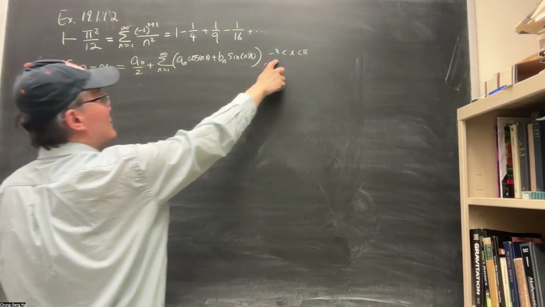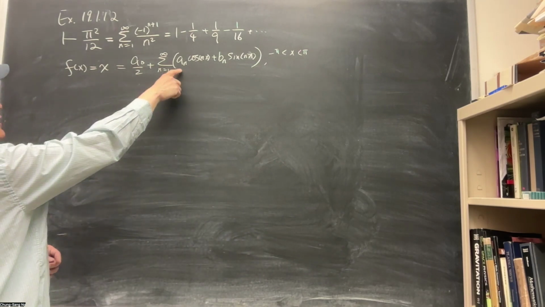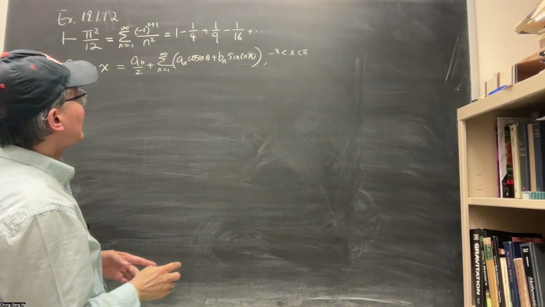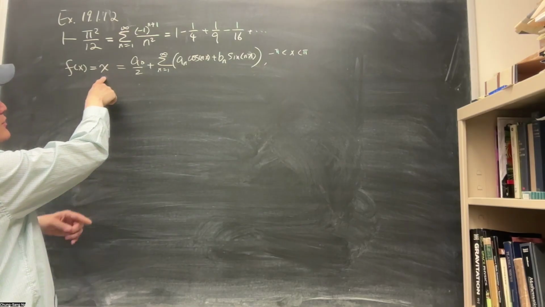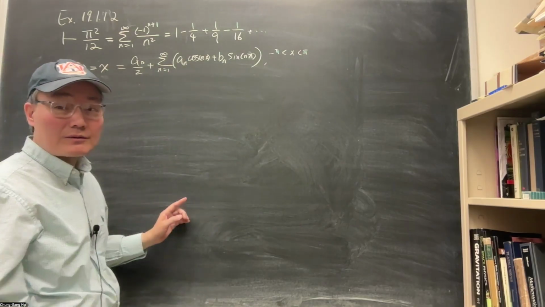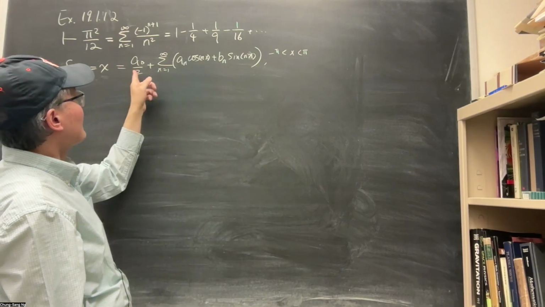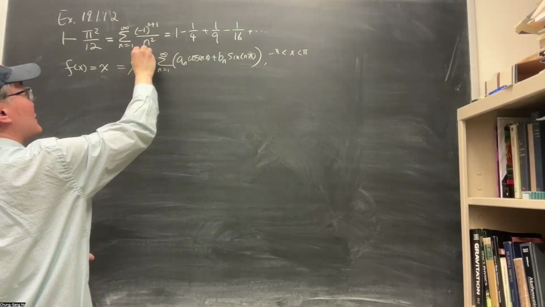By using that symmetric domain, when you calculate, all the a sub n will be 0, because that function is an odd function. The cosine terms and the constant term will automatically be 0.